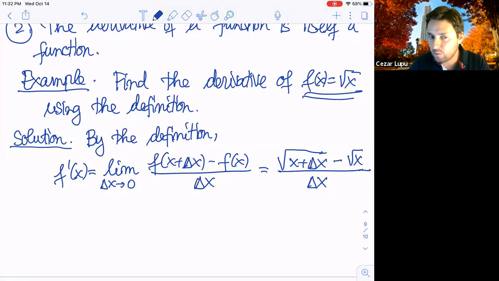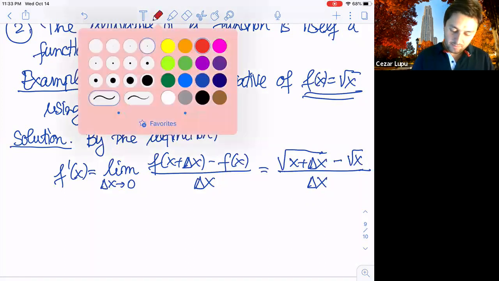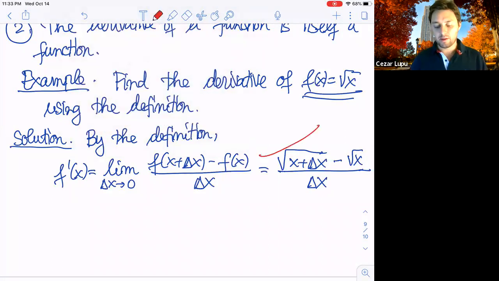And those radicals were at the top. We did something. And what was that something that we did? Well, it's what we call the conjugate. So we multiply by the conjugate.